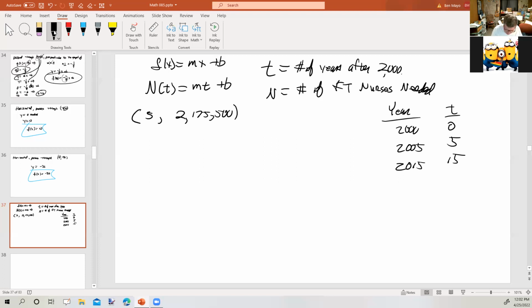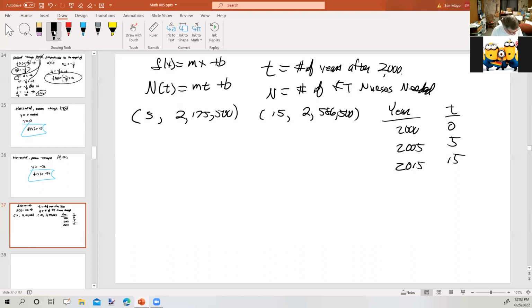Then it says by the year 2015, so then T would be 15, the number is expected to increase to about 2,586,500. Okay, so basically what I just did was I extracted 2 ordered pairs from the story.